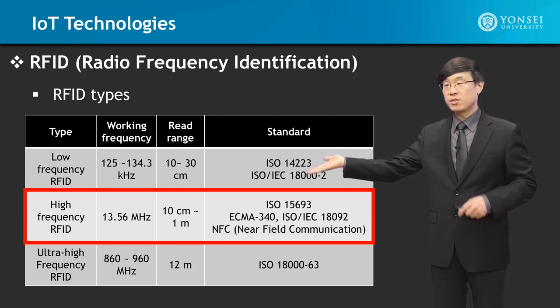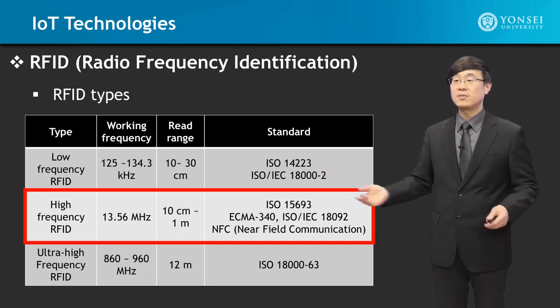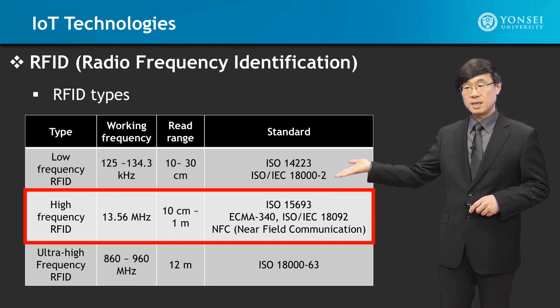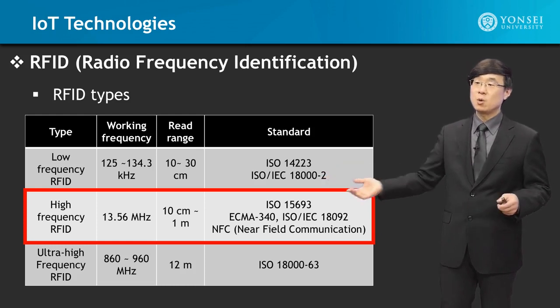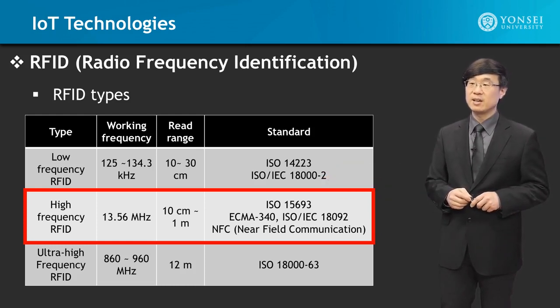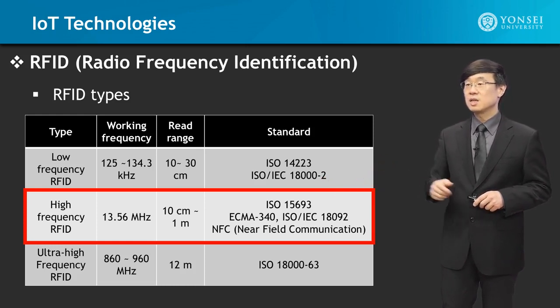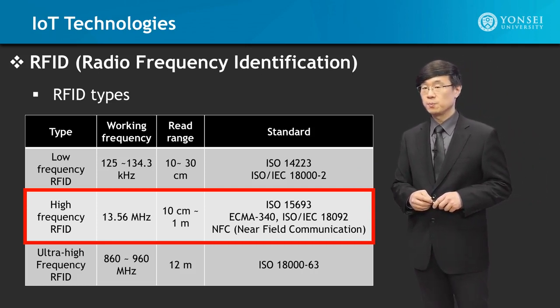These operate at 13.56 megahertz, which is where the name of type high frequency comes from. With these higher frequencies, the read range becomes 10 centimeters to 1 meter. So the range is extended significantly. The standards that support this are the ISO and ECMA standards. In addition, this is where the NFC, Near Field Communication category, goes into.